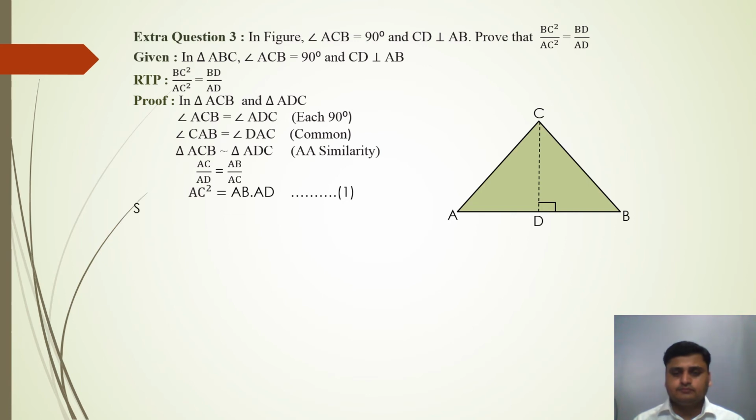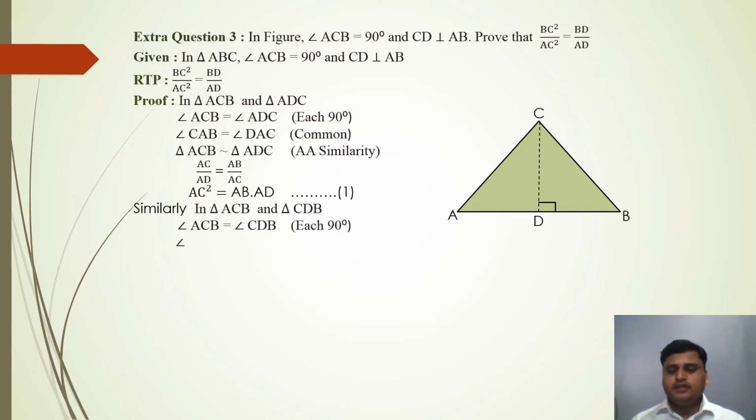Now similarly we will prove another two triangles, that is triangle ACB and triangle CDB. Same way we will prove, that is angle ACB is equal to angle CDB, each 90 degree. Then angle CBA is equal to angle DBC, that is common angle.